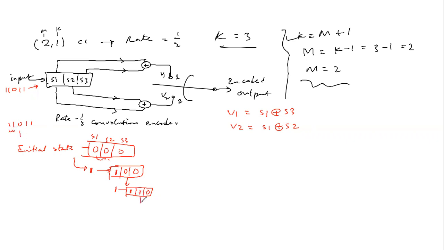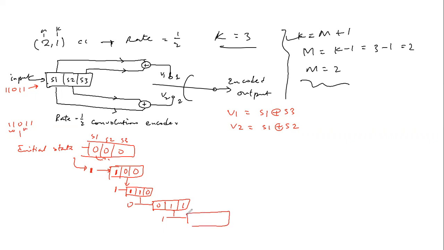So now we are going to feed a 0 into the shift register. Once we feed in a 0, this 1 shifts to shift register 2, and this one moves to shift register 3. Then we feed in a 1, that's this one.